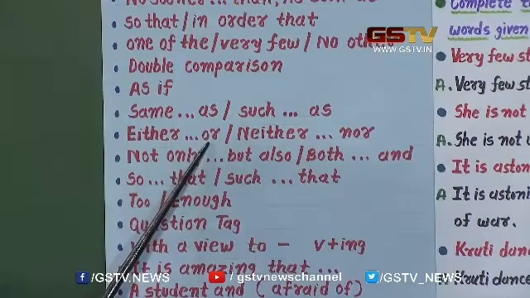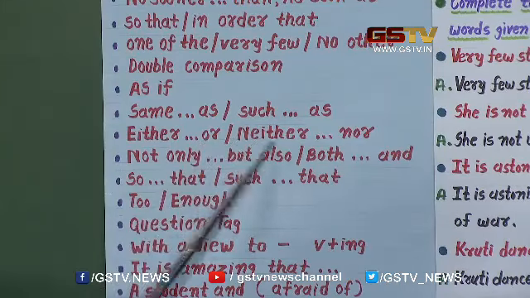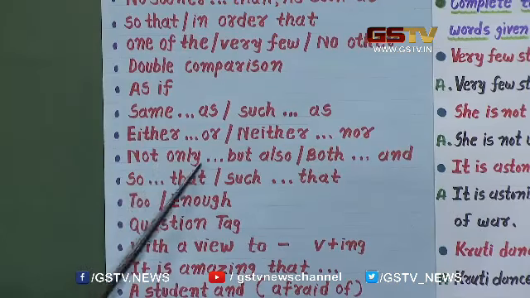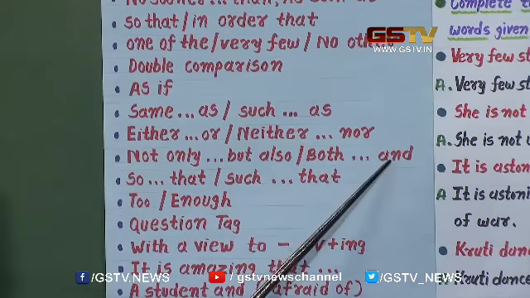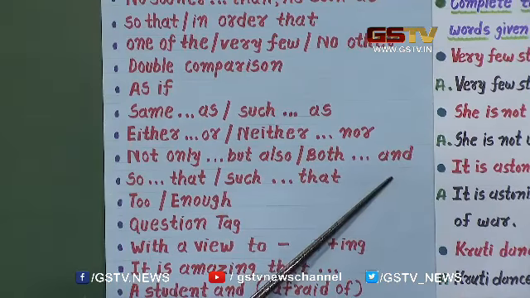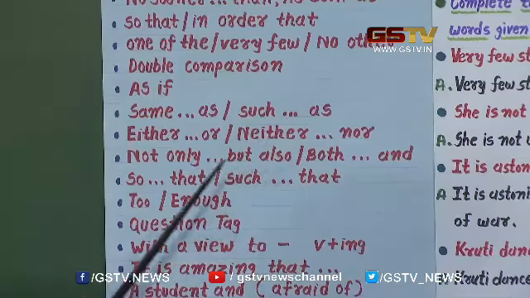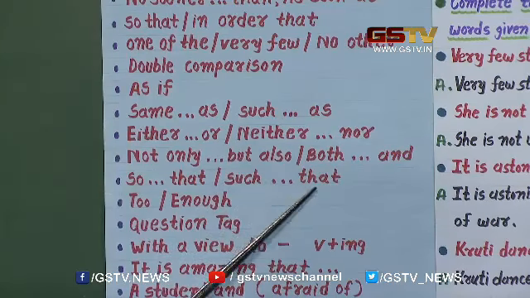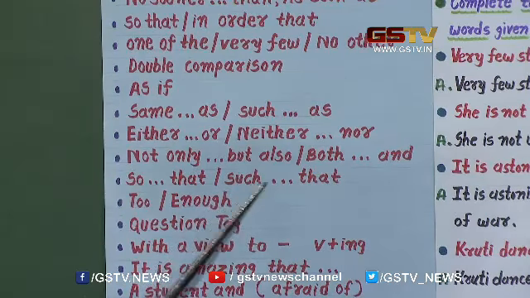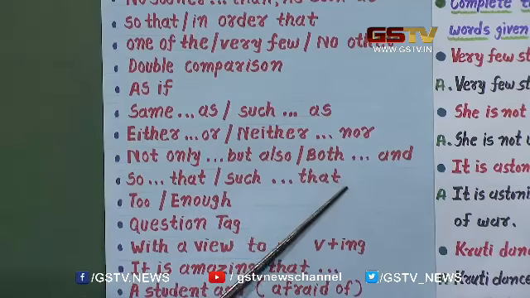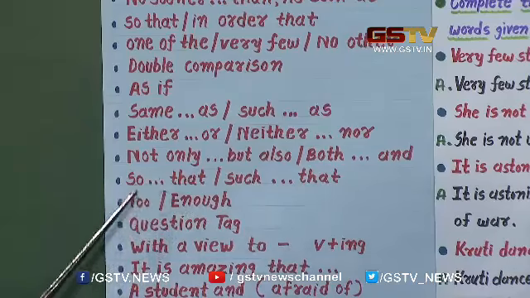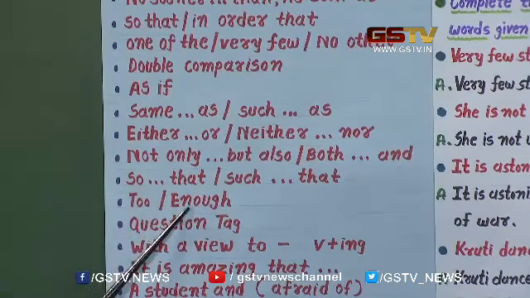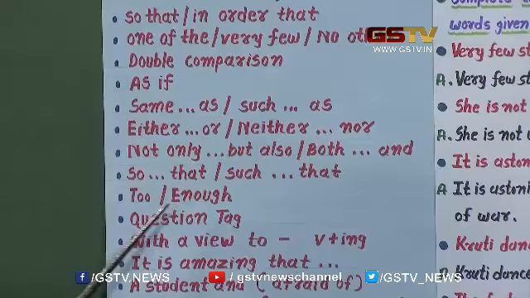Either or, you are very much familiar, but it is also asked. Neither nor, not only but also, very much familiar, it is with you for long. Both and, as well as, and, these are repeatedly asked. So that, and such that. He behaves in such a way that everybody likes him. To, enough, very important. To shows negative meaning. Enough shows positive meaning.